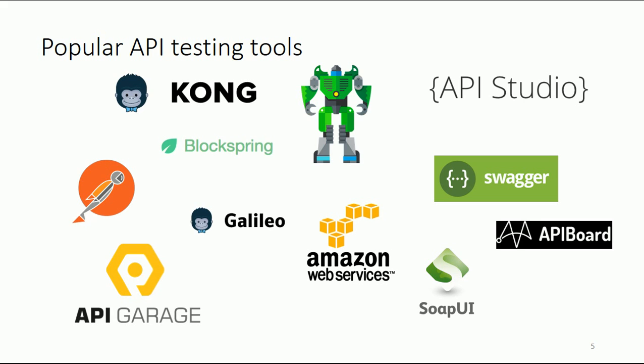In today's discussion, I'm discussing more about the Swagger tool, and I will also show you some practical work at the end, so at the end you feel confident to start doing API testing manually from today onwards. Also, if you look at these companies, you might have heard of SoapUI, Amazon Web Services and Postman.